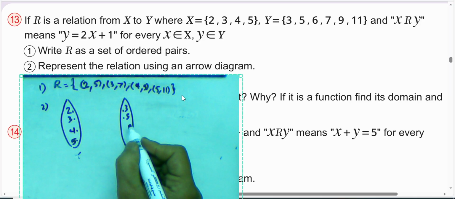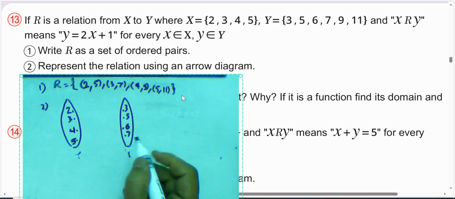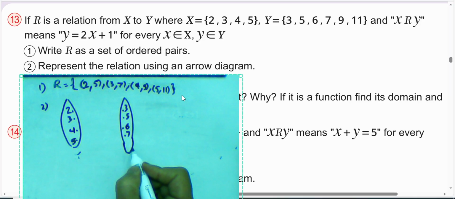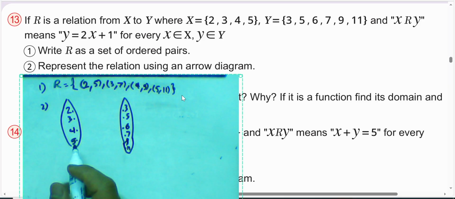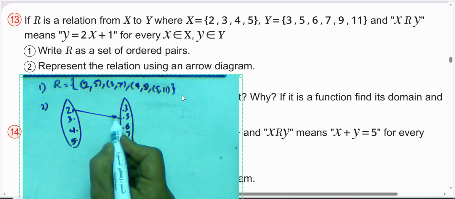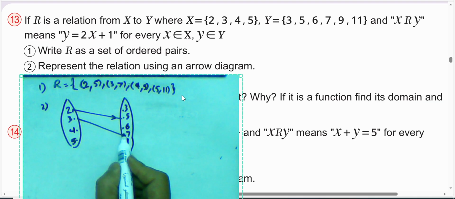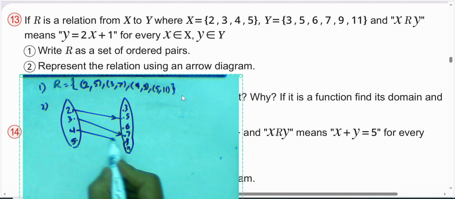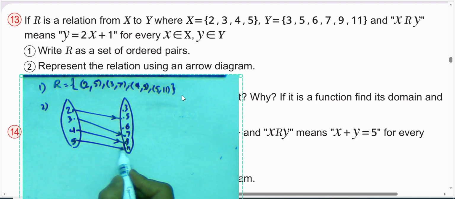We have y: 3, 5, 6, 7, 9, and 11. 2 is 5, 3 was 7, 4 was 9, 5 was 11. Okay, that's number 2, by arrow diagram.